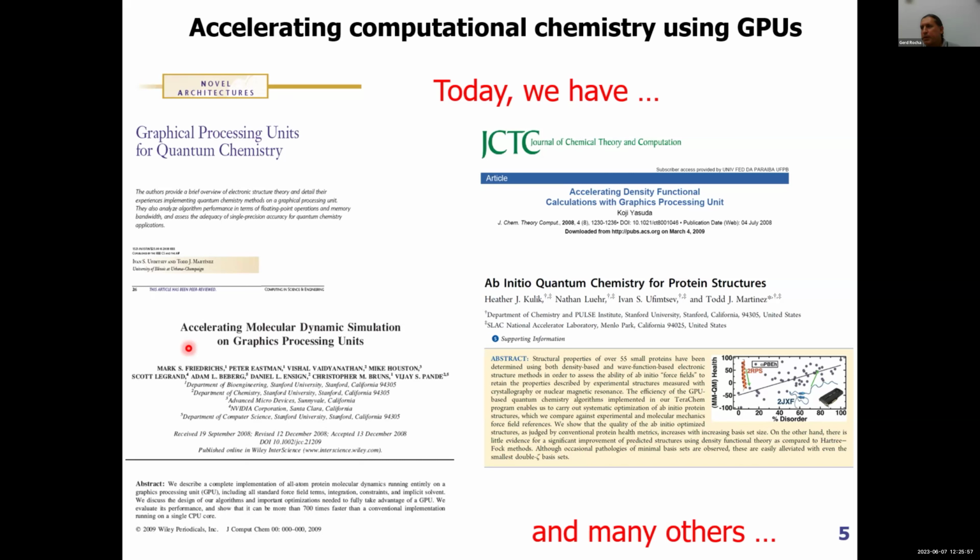Automatically, the computational chemists saw the possibilities to reprogram their traditional codes, focused on the CPU only, to explore this new hardware for doing some calculations, and you can see papers including reprogramming molecular dynamics codes and ab initio quantum chemistry codes, and so on and so on.